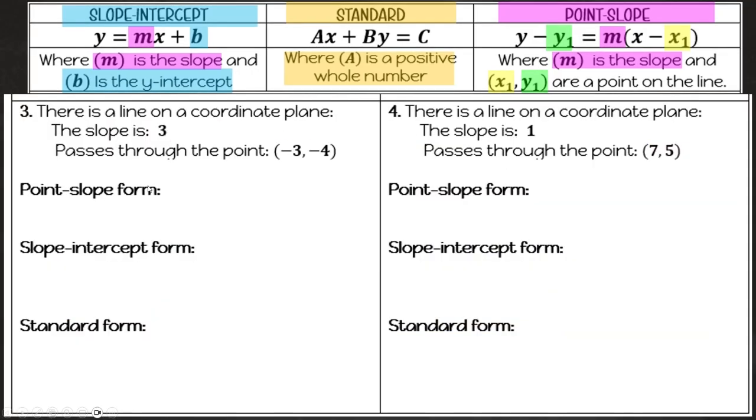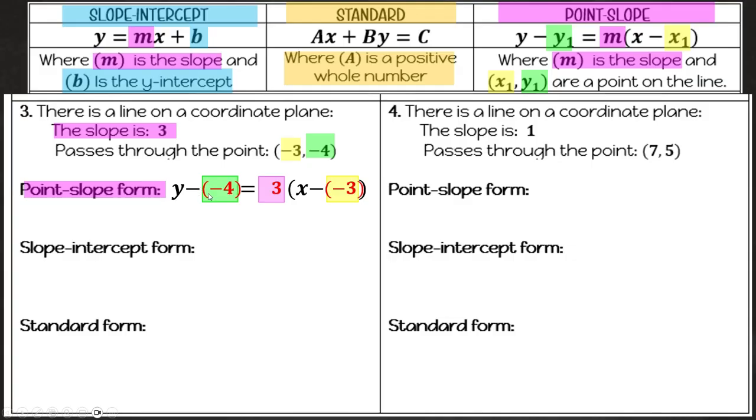Okay, example number 3. Now we have a line that has a slope of 3, passes through the point negative 3, negative 4. To put this into point slope form, there's my color coding. I'm going to plug in the negative 4 and the negative 3, and here's the 3.